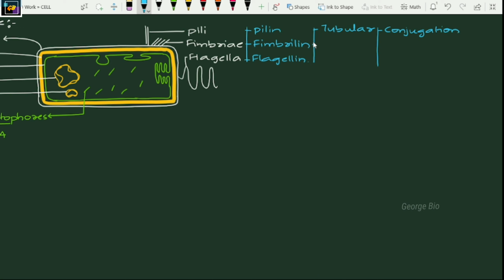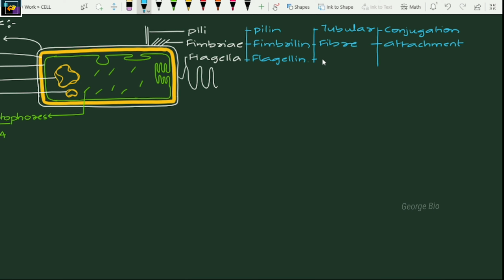Number 2, fimbriae. They are hair-like or bristle-like, we said, or fiber-like structures. They help in attachment to the host body or else to the substratum. Next, flagella. This is a structure that helps in providing motility, that means locomotion.